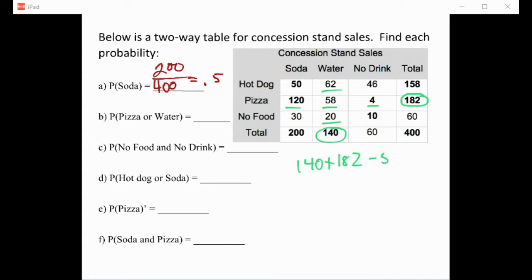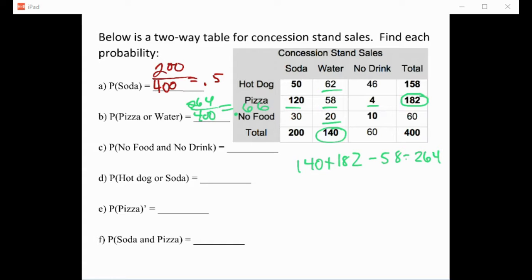So you're going to subtract 58 as well. So 140 plus 182 minus 58 is 264. And then you just put that over 400, which is 0.66.